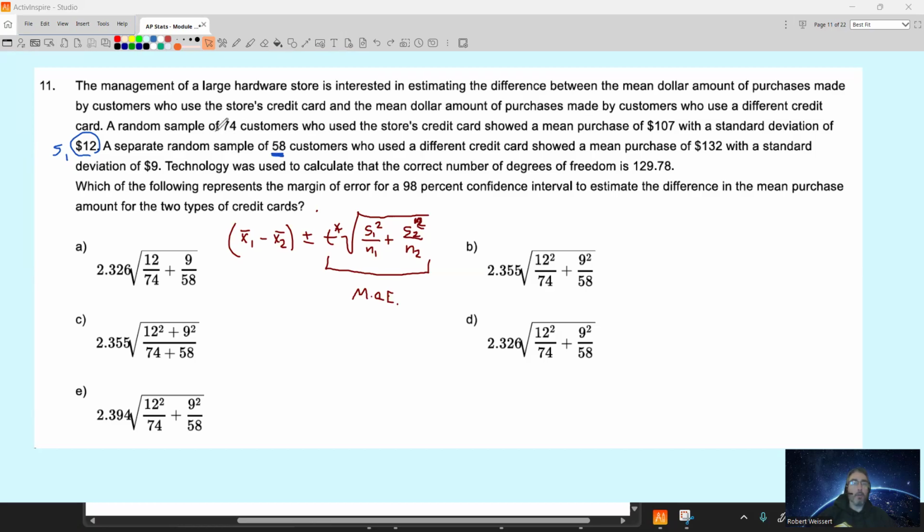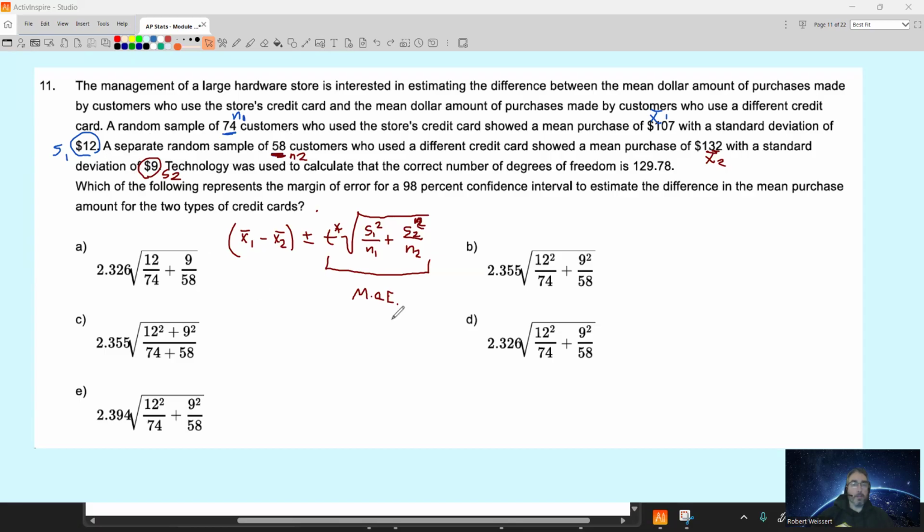A random sample of 74 customers, so that's going to be n1, who use the store's credit card with a mean purchase, so that's x bar 1, and a standard deviation of 12. And then a separate, independent two sample, that's going to be n2, who used a different credit card, showed the mean purchase, so that's x bar 2, with a standard deviation of 9, so that's going to be s2. So really, these are the numbers that are going to go in this square root.